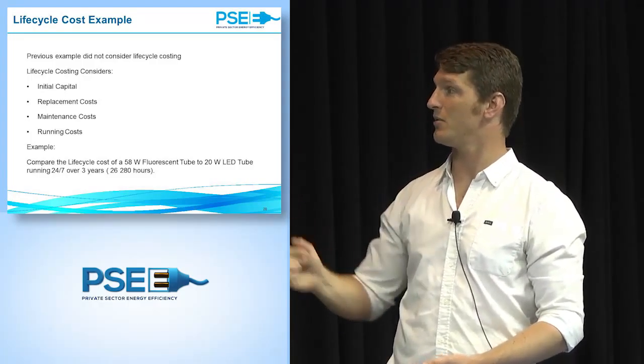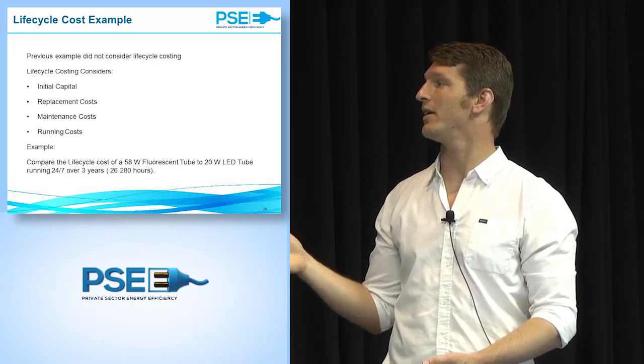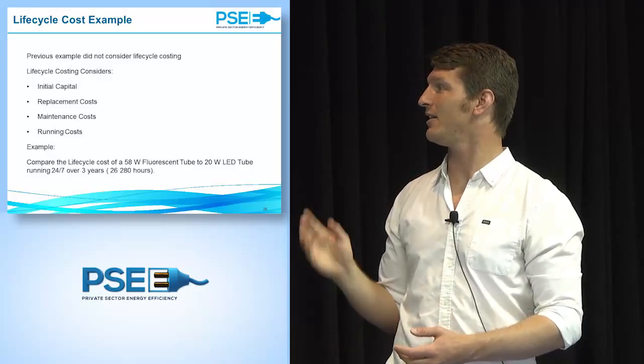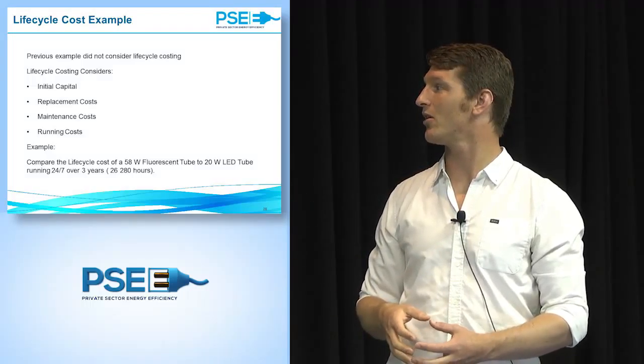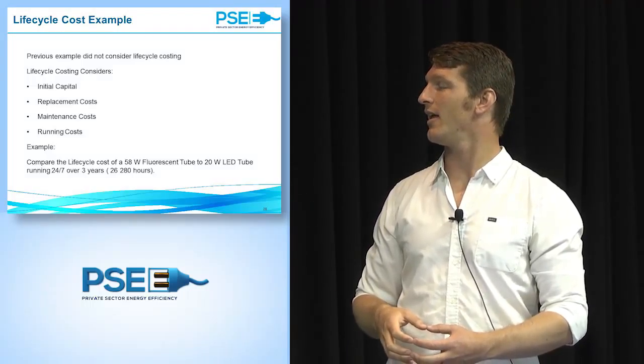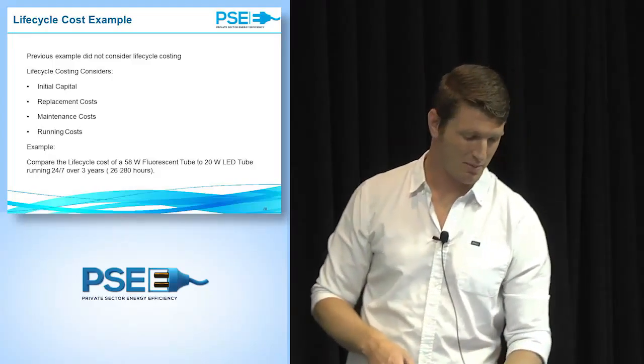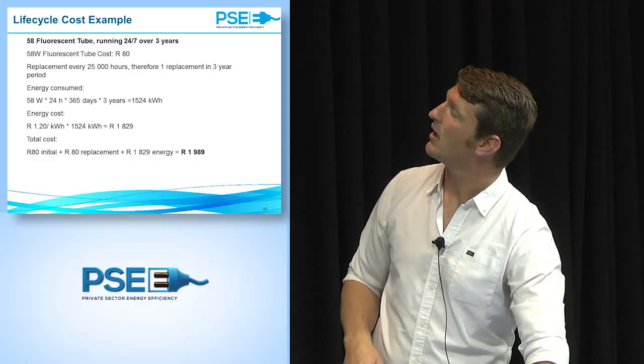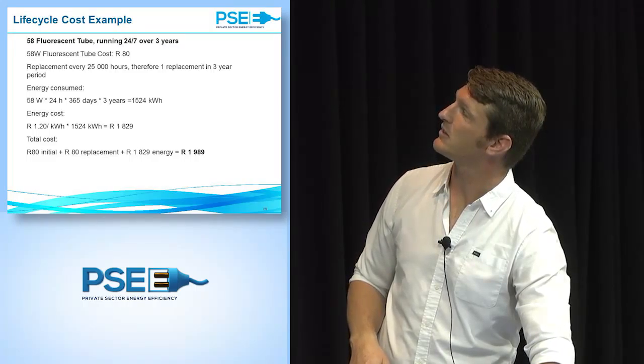So if you guys want to calculate what a 58 watt light would cost us over a 3-year period, and what a 20 watt LED light will cost us over that same 3-year period. I'm not sure I gave you the prices there.